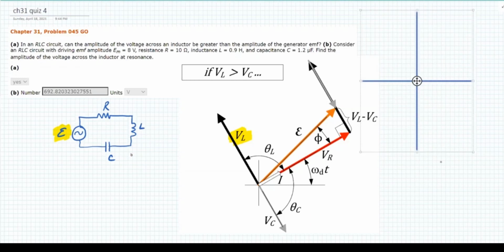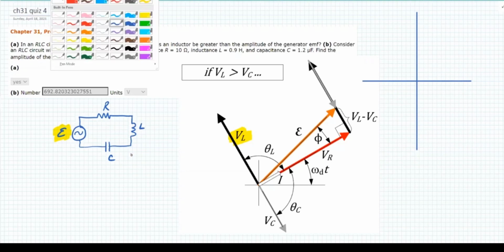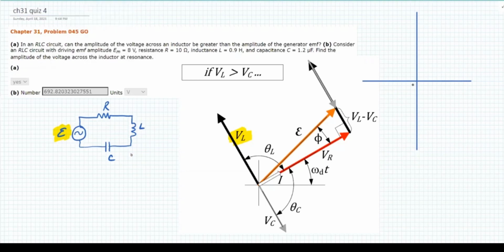What if my voltage drop across my inductor looked like this, freeze-framing it at some arbitrary point in time? I know that it's always 90 degrees ahead of my current.